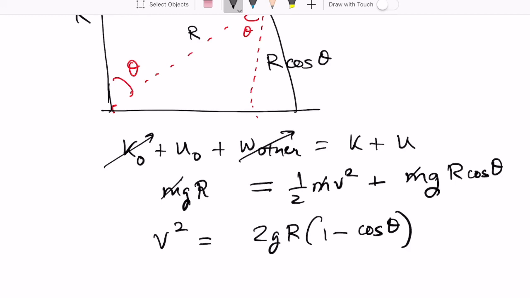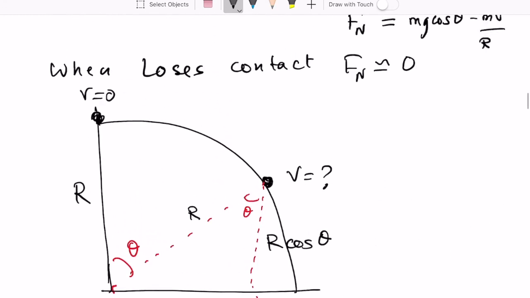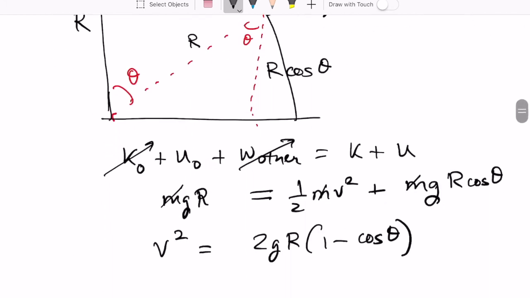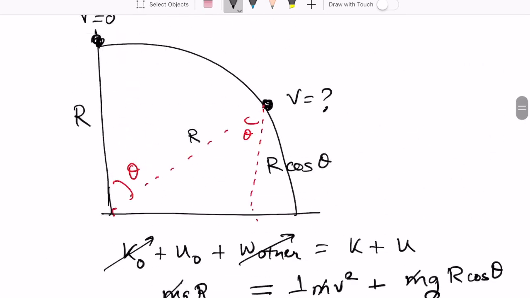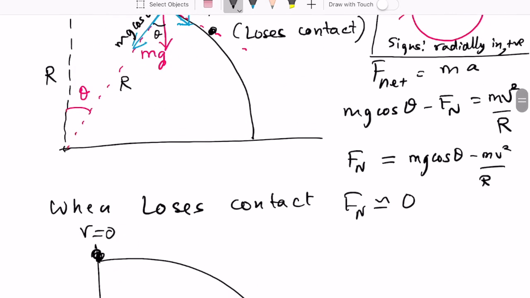Great. So we have found the velocity of the person at any angle, and in particular, if theta is the angle at which they lose contact, then that's the velocity at that particular angle. So now we can put this missing piece into the equation that we derived earlier. So we had seen that Fn is equal to mg cosine theta minus mv squared divided by r.